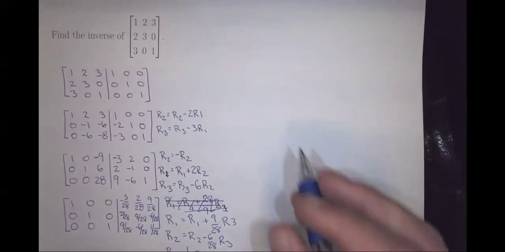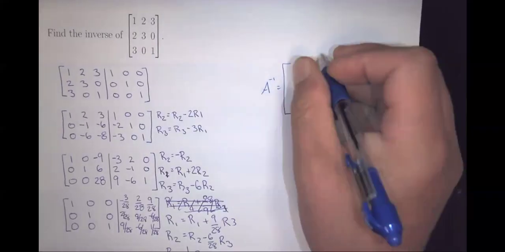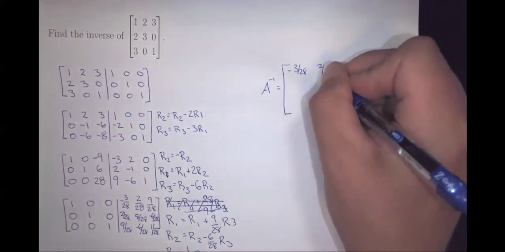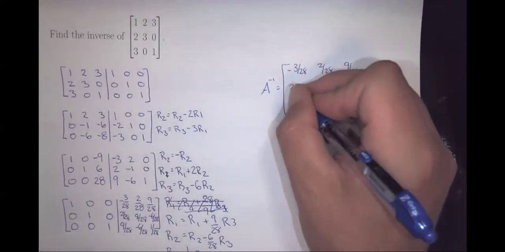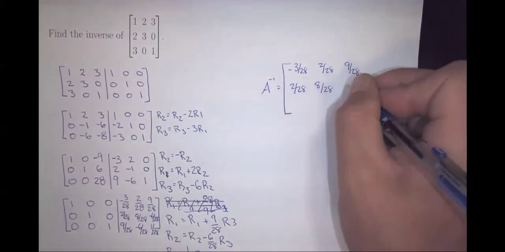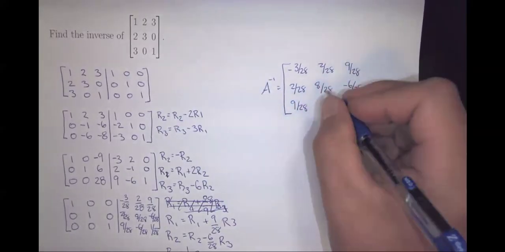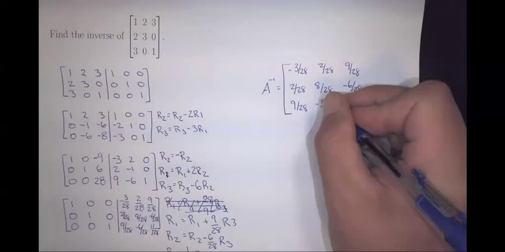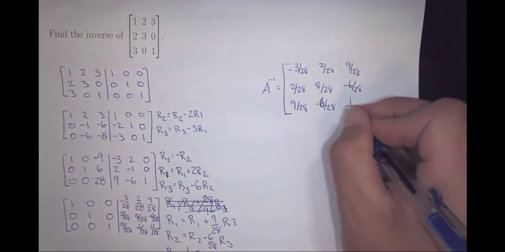So our inverse is going to be, at the end of the day, minus 3 over 28, 2 over 28, 9 over 28, 2 over 28, 8 over 28, negative 6 over 28, 9 over 28, negative 3 over 28, negative 6 over 28, and 1 over 28.